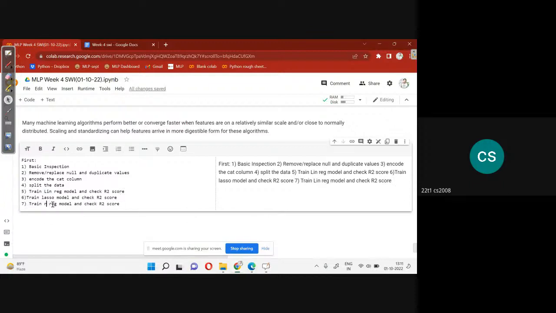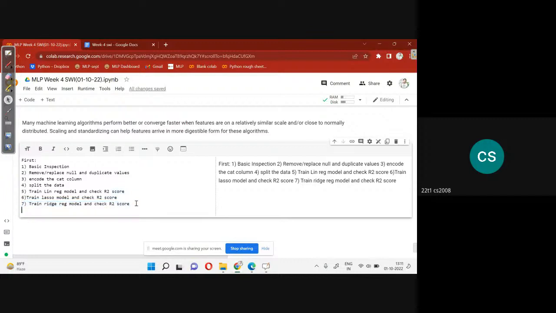All these things you can use, or SGD regressor, whatever you have learned till week 4. Just try to use all those learnings. This is a data set where you can try all your learnings up to week 4.